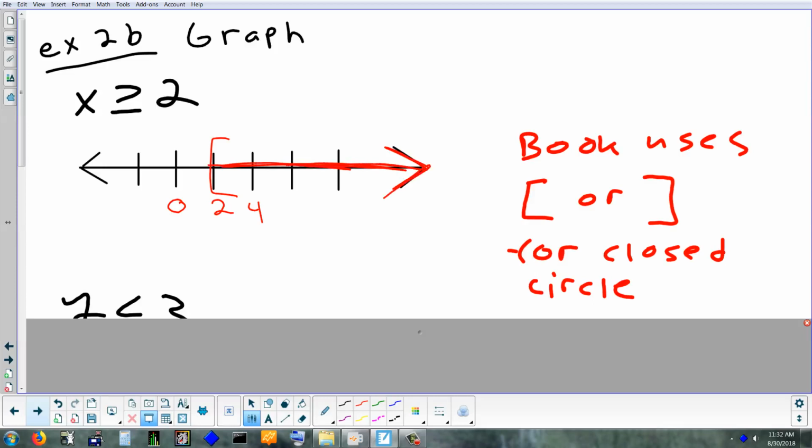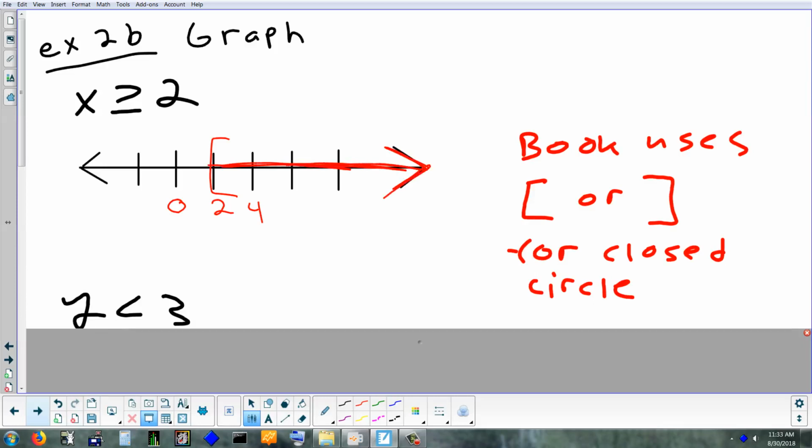Any question on doing it as a bracket? You should be comfortable with both. Circle, open circle, closed circle, bracket. Any thought what kind of symbol you're going to use when it's a less than or greater than? Besides the open circle. What do you think the other symbol we would use is besides a bracket?